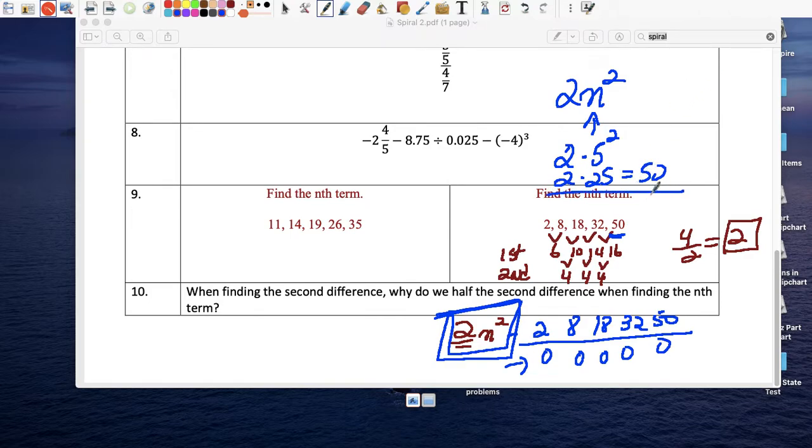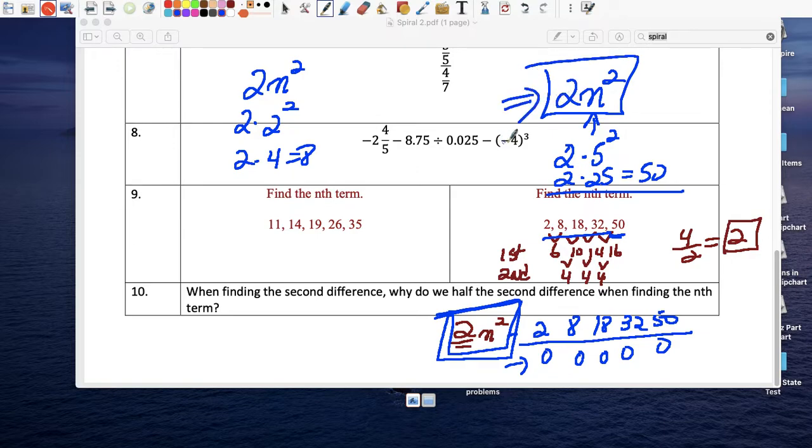So it works. Then plug in another number. The second term should give me 8. If I plug in 2, I get 2 times 2 squared. 2 squared is 4, and times 2 is 8. Look, it works. So this is my nth term, which I can use to find any term in that sequence.